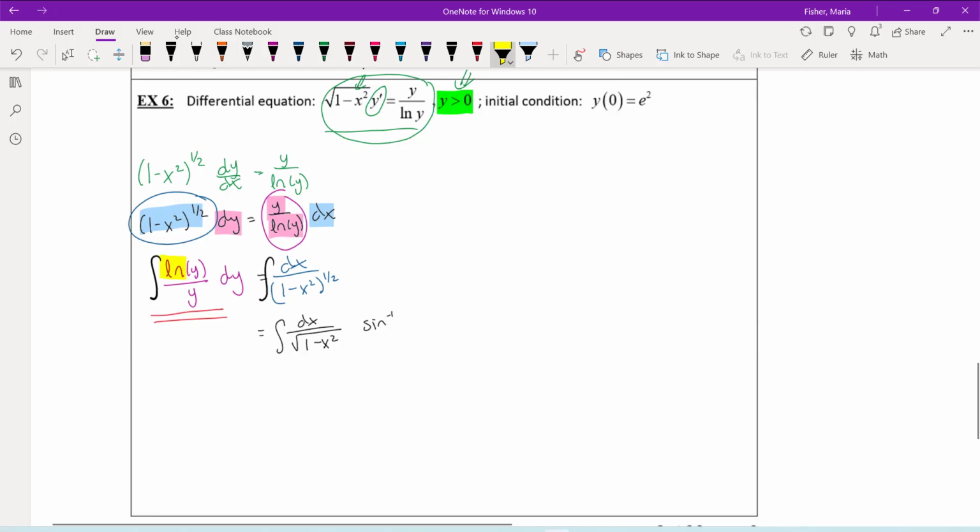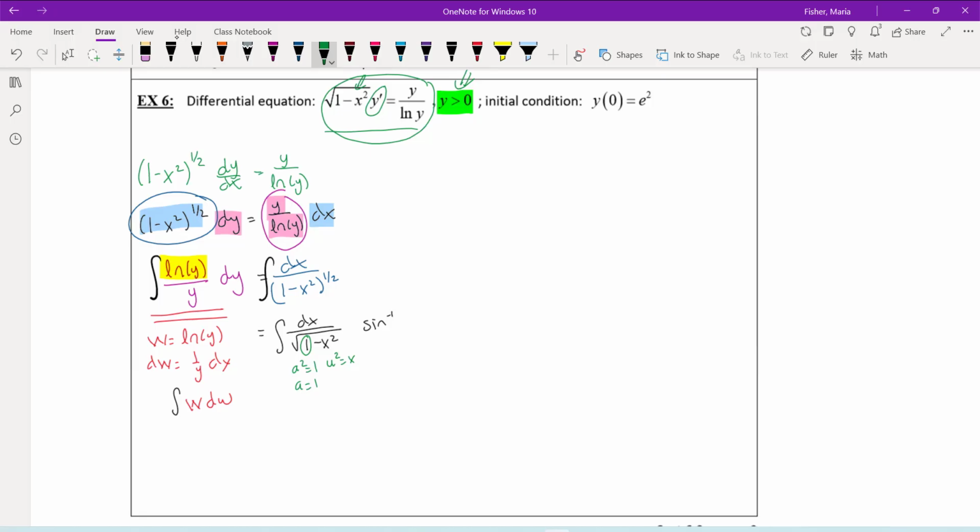Anytime the natural log is present, that is always going to be what you choose for your substitution. So we're going to say w here is equal to the natural log of y, so dw is equal to 1 over y dy. So then this guy here is going to equal the indefinite integral of w dw. And then over here, we know that a squared is equal to 1, because remember, a is always the constant, and a is equal to 1.